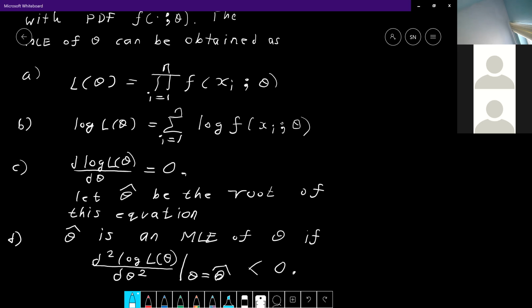So this is the four-step procedure I talked about early on in the course for finding a maximum likelihood estimator for theta. And you probably remember this.